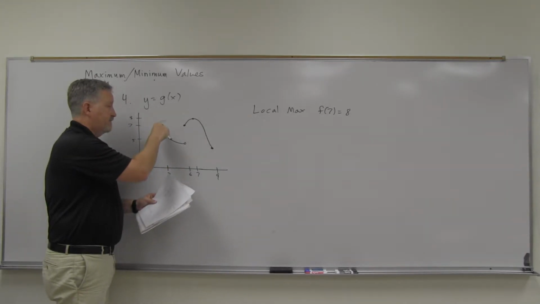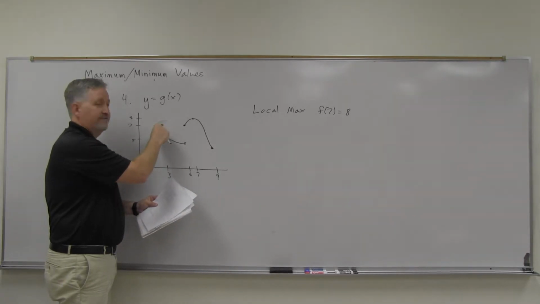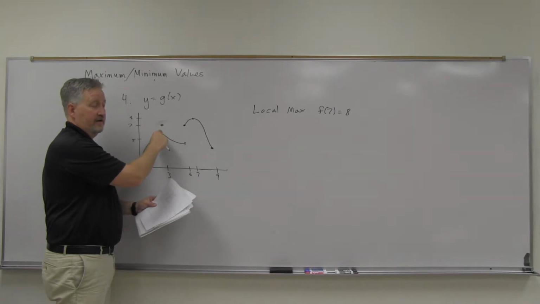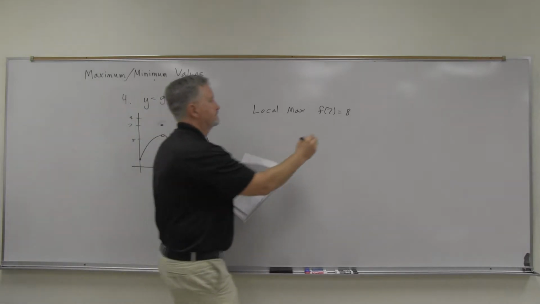So is it greater than the ones around it? Why, sure it is, right? The y value is much higher than the ones around it. So that is a local max right there. F of 3 is 7.